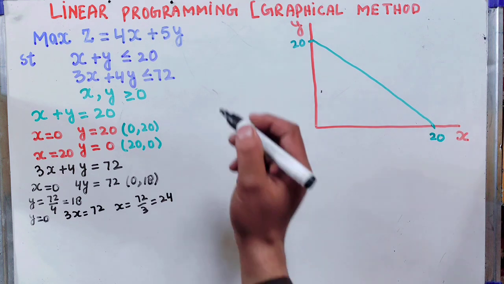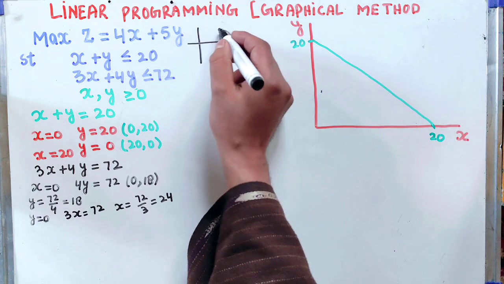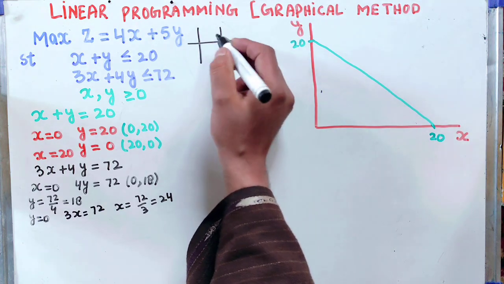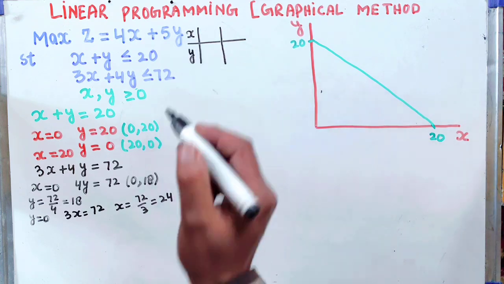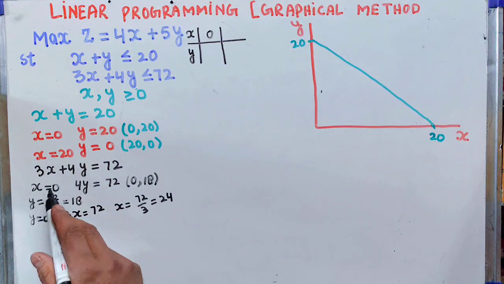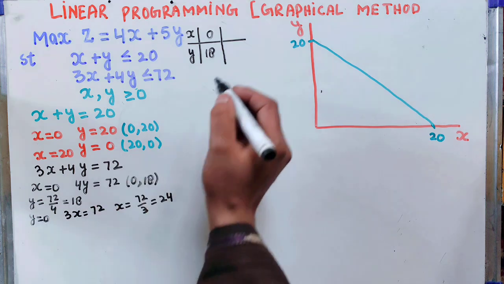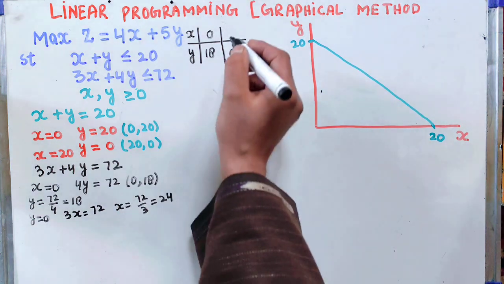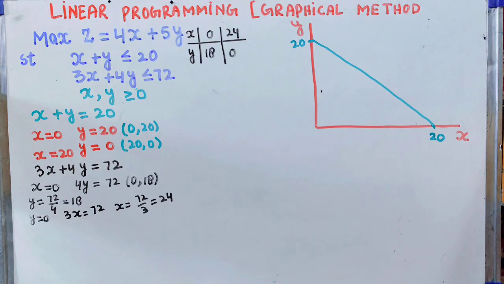Okay, so if I draw them in tabular form, we have x, y. When x is equal to 0, y came out to be 18, and when y is equal to 0, x came out to be 24. This is for the second equation.